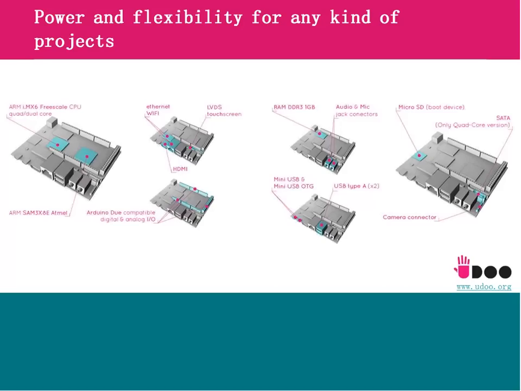Then you have a fully compatible Arduino Due pinout, 1 gig of RAM, mic and audio connectors. You have mini USB and mini USB for OTG and debug purposes, 2 regular type USB and 1 auxiliary USB, a camera connector, a SATA connector, and the operating system resides on SD card.